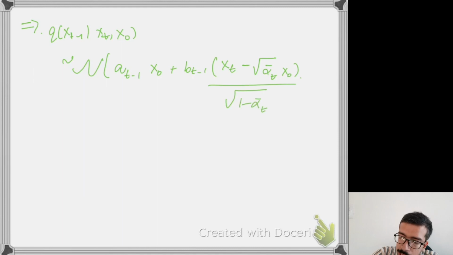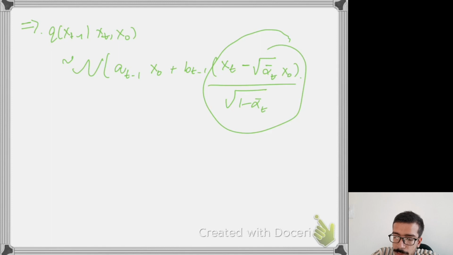This is essentially the actual epsilon t. So it's a linear combination of x naught and epsilon t, but any linear combination of x naught and epsilon t can be written as a linear combination of xt and x naught, and vice versa. So this is not something strange we are doing, and then a variance term which is sigma t square identity.